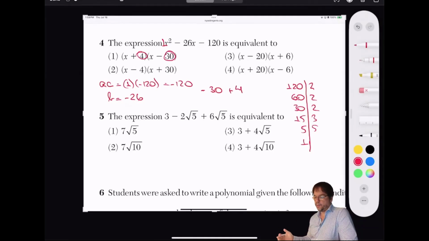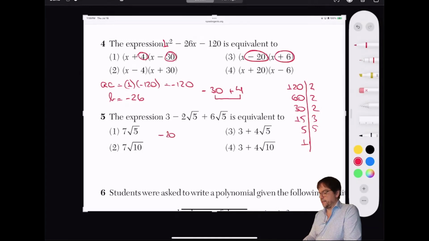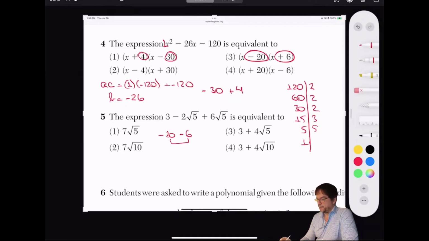Okay, so minus 30 times 4 is minus 120. Yes. Is that okay? If I get minus 20 and 6, no, should be minus 20 minus 6 because it's minus 26. Do you agree? So probably the two numbers, let me create space here.